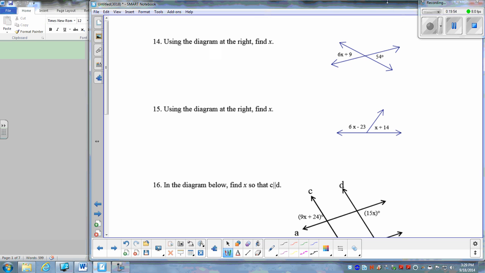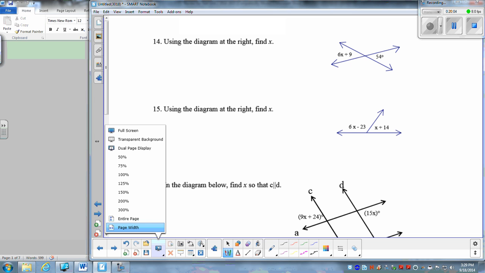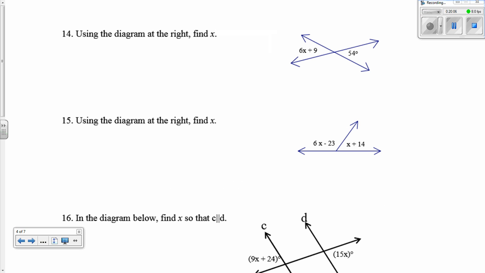All right, so the next one. I have 6x plus 9 and 54. Looking at this angle and this angle, since they make the bow tie, these are vertical angles.